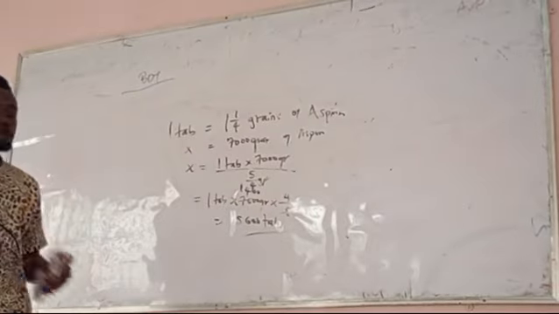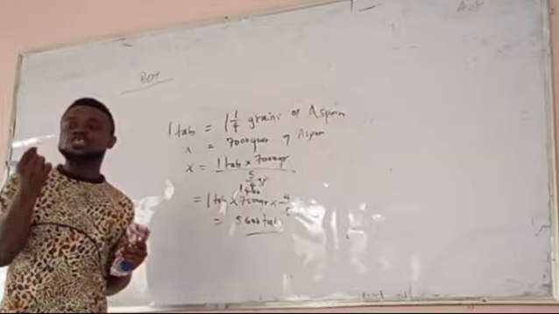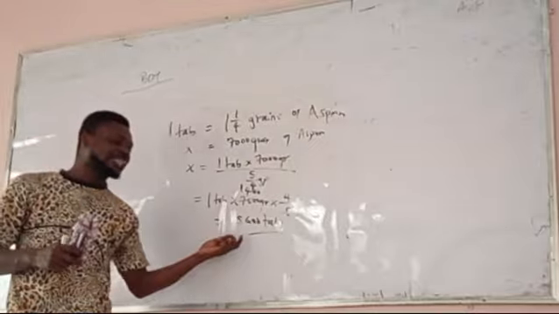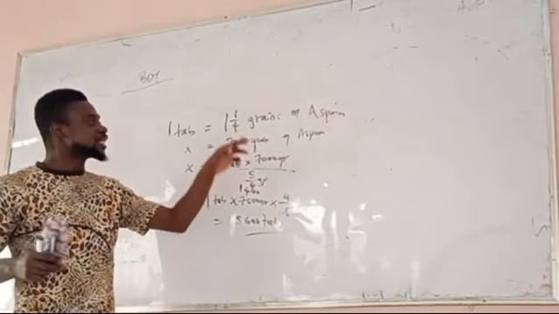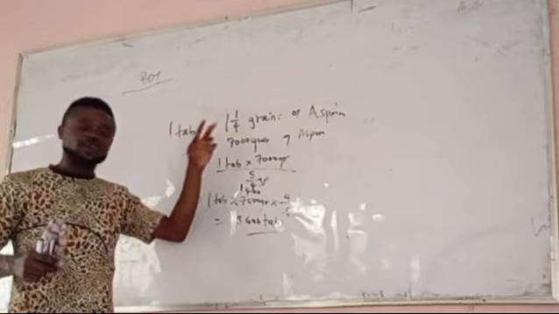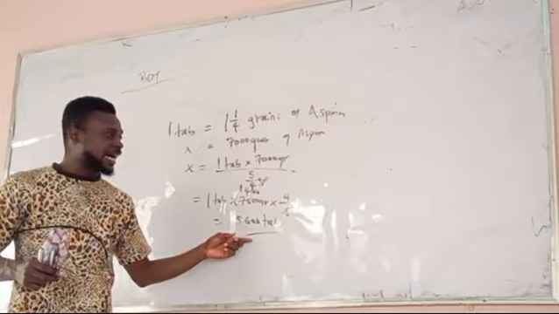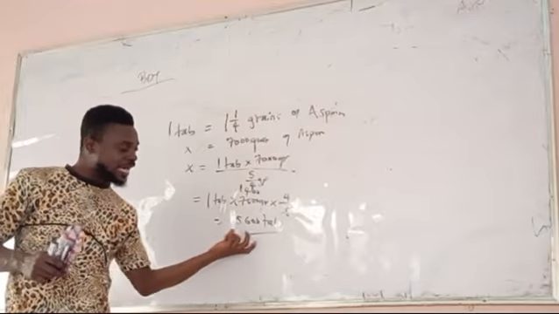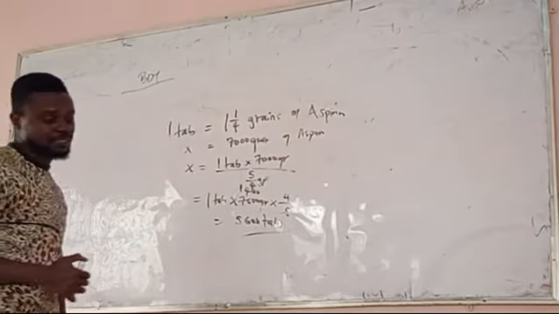Are we good to go? So what we need to produce 5,600 tablets, each containing 1/4 grain of aspirin, is 7,000 grains. So the answer is 5,600 tablets.